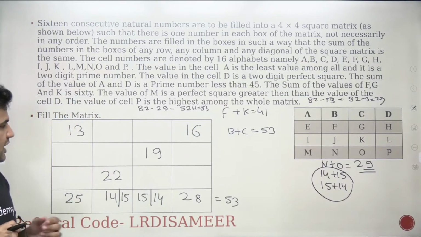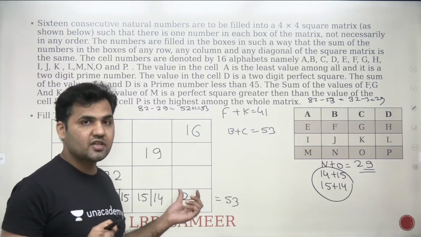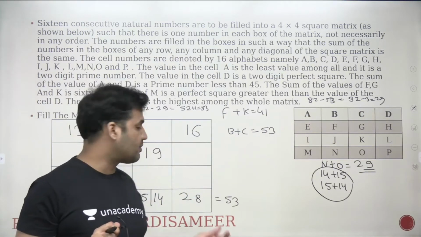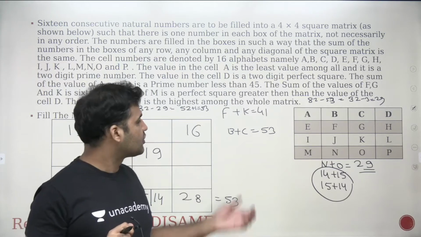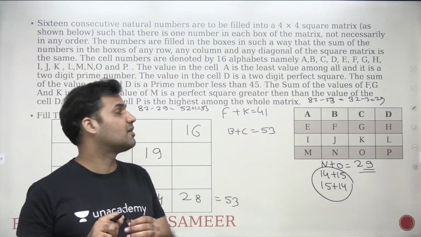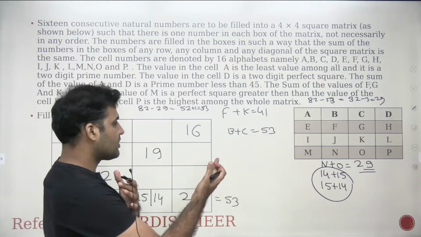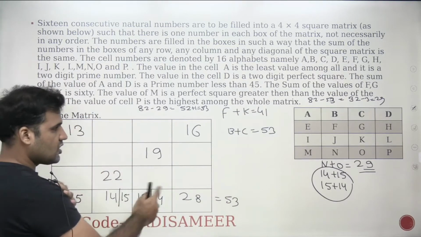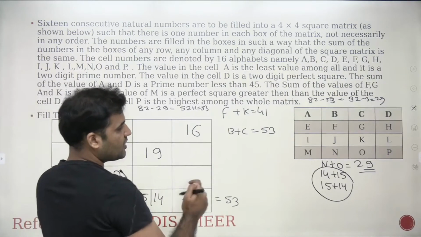The summation of two values has to be 53. See that 28 plus 27 is 55. So if I try to make the cases for 53, there will be very few because the maximum possible sum is 55. What are the numbers between 13 and 28 which can give you the summation as 53?